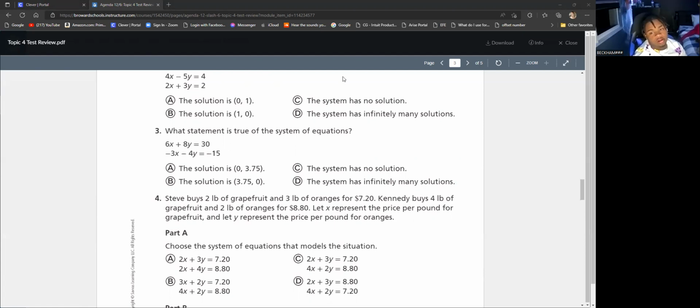Okay, you could do it like that. You could do it like number two, but it'll take longer. Look at the coefficients. What can you do to number two so it can look like number one? This is number one. Multiply by 2. Okay, multiply two by two.